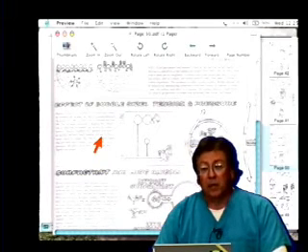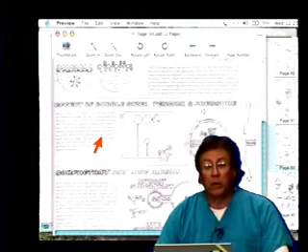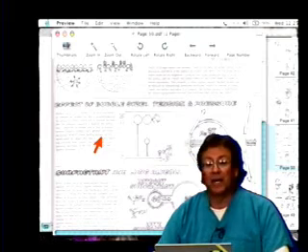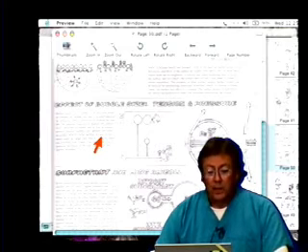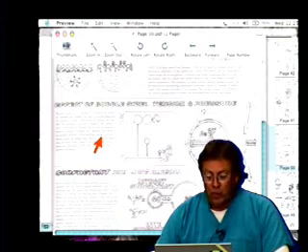The second role that surfactant plays in reducing the surface tension is allowing different size alveoli to exist. So let's look at effective bubble size, tension, and pressure.